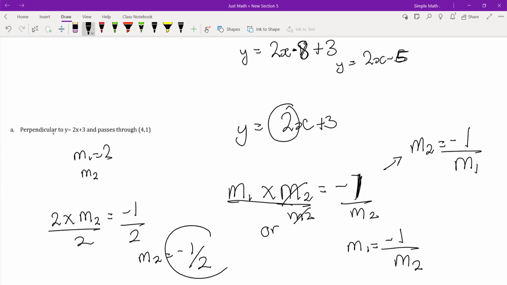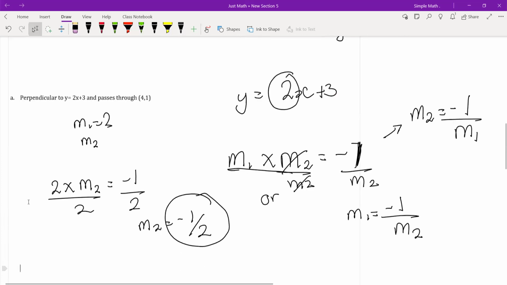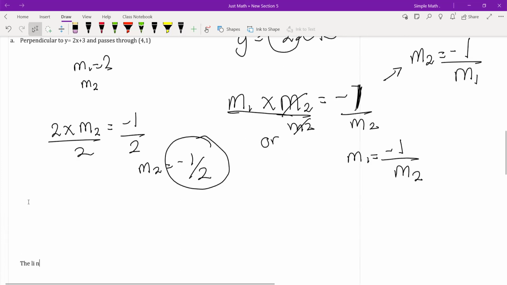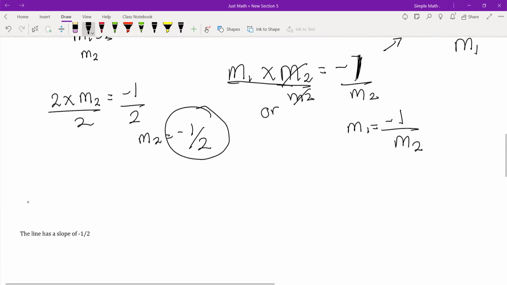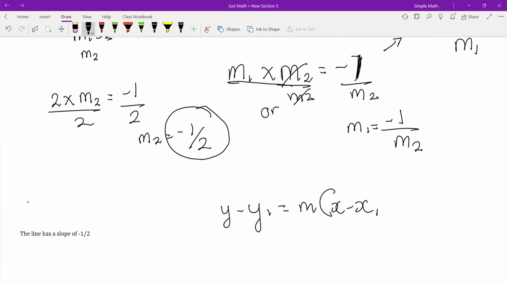So the line that we're looking for has a slope of -half. All right. Again, we use the point-slope form to now find the equation of the line. We know that y minus y1 equals m bracket x minus x1.